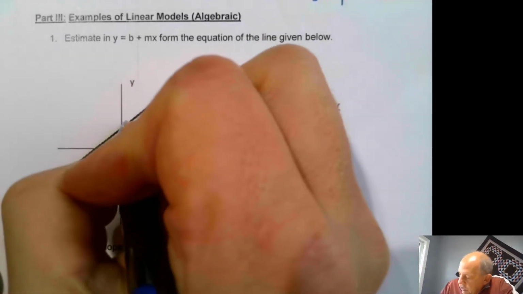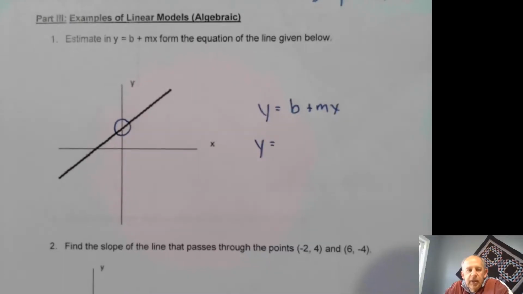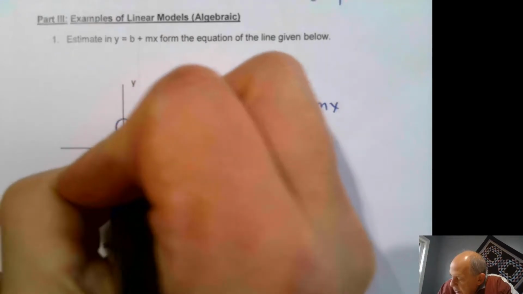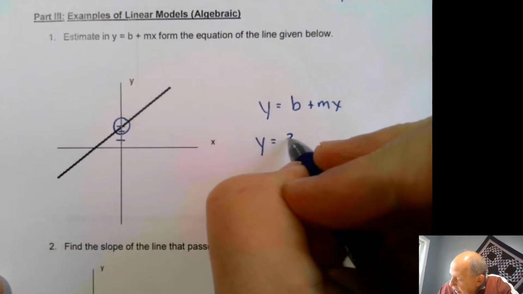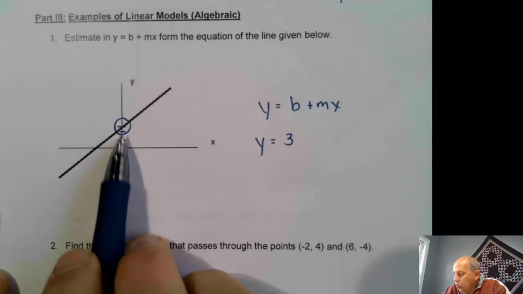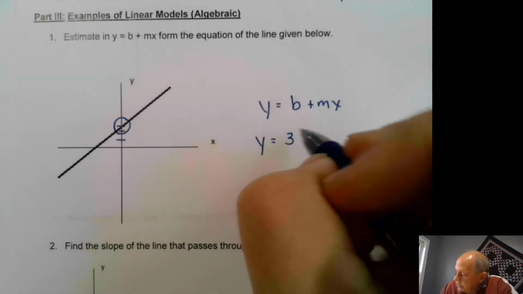The b is where this line crosses the y-axis, my y-intercept. Without a scale, I'm not sure what that is, so let me draw a scale in here, and let me say the line crosses the y-axis at 3. Depending on what the scale is, I went with a scale of ones.